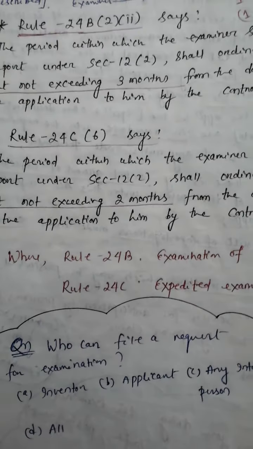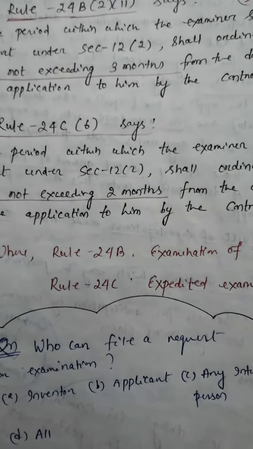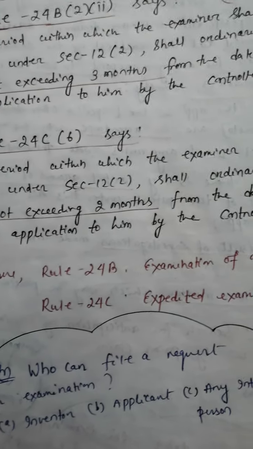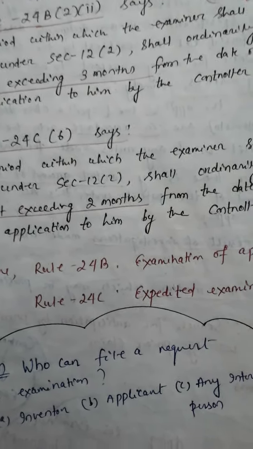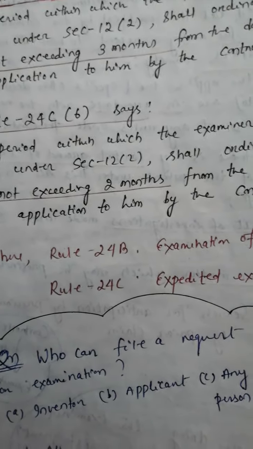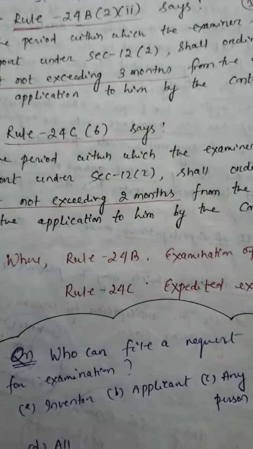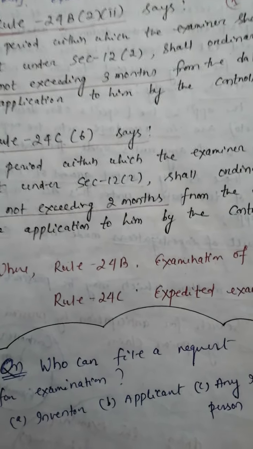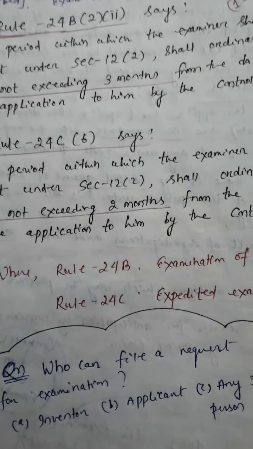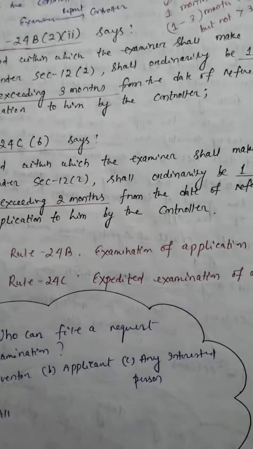So you can find the difference between these two rules: the prescribed period in rule 24B is between 1 to 3 months, and for rule 24C the prescribed period is between 1 to 2 months. That means as per rule 24B the period cannot exceed 3 months, and as per rule 24C the prescribed period cannot exceed 2 months. So what is the difference between these two rules?